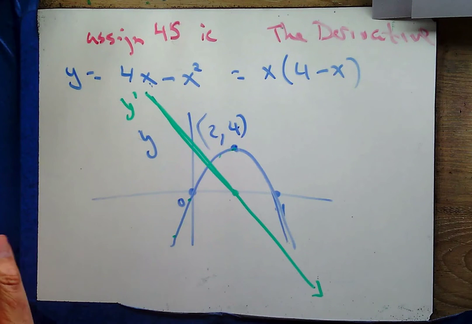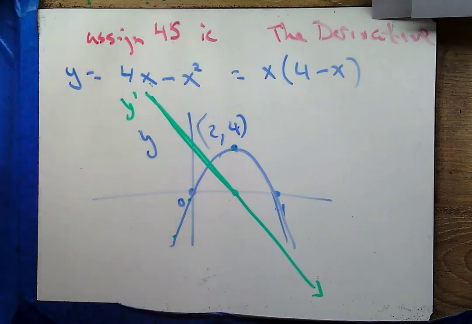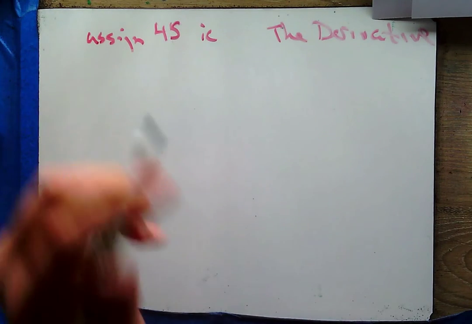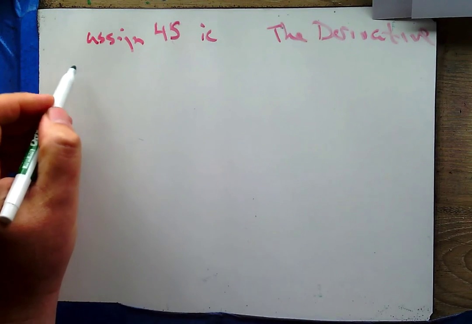Question 2: using both limit definitions of the derivative to find dy/dx for y equals 4x minus x squared at x equals 1. Okay, and by both limit definitions of the derivative, I'm talking about the limit definition of the derivative at a point.